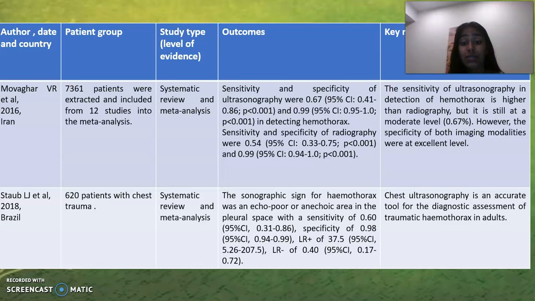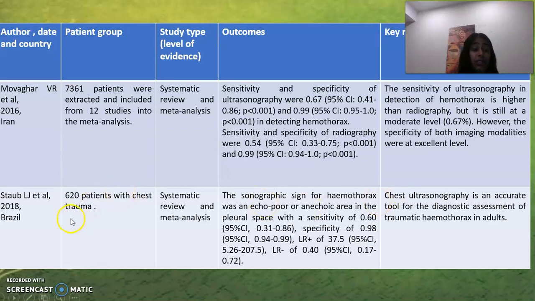The sensitivity and specificity of radiography were 0.54, 95% confidence interval 0.33 to 0.75, p-value less than 0.001, and 0.99, 95% confidence interval 0.94 to 1.0, p-value less than 0.001. The key result was that the sensitivity of ultrasonography in detection of hemothorax is higher than radiography, but it is still at a moderate level of 0.67. However, the specificity of both imaging modalities was at an excellent level.